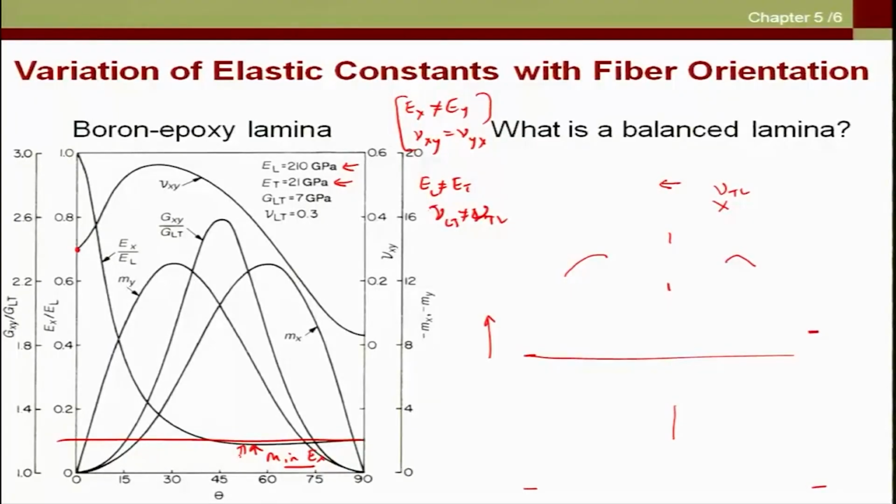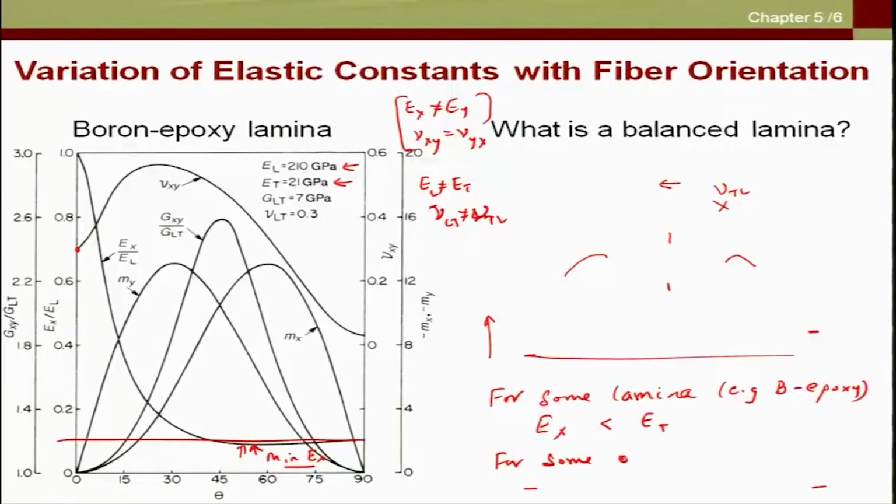So, what we are seeing is that for some lamina, e.g. boron epoxy, Ex can be less than Et, and similarly for some other lamina, Ex can exceed EL and Et.